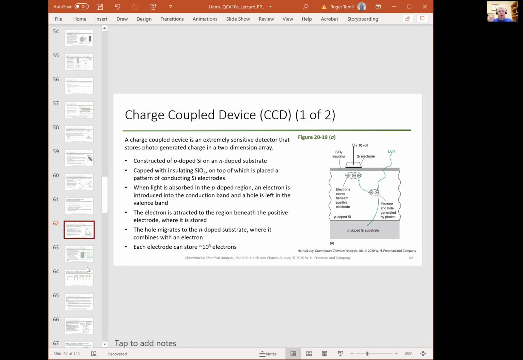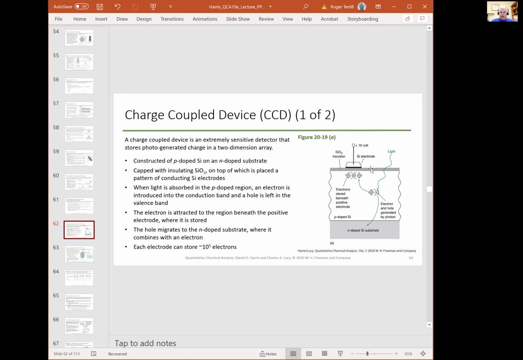The way they work is that in this case you have p-type silicon, and then you have an insulating layer grown on top of that. It's real easy to grow SiO2 on silicon. You just put it in a furnace.